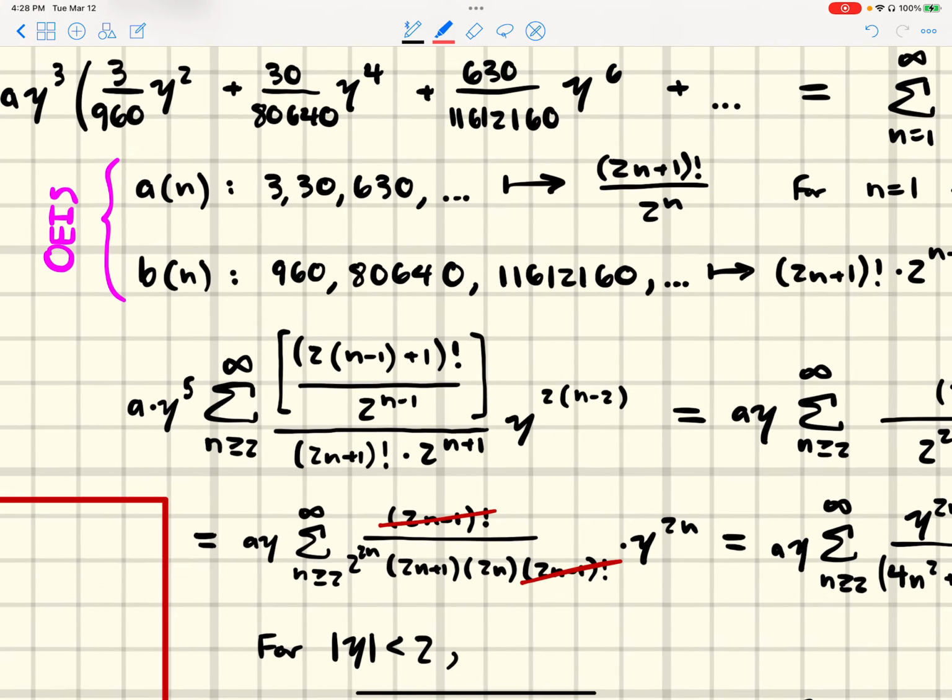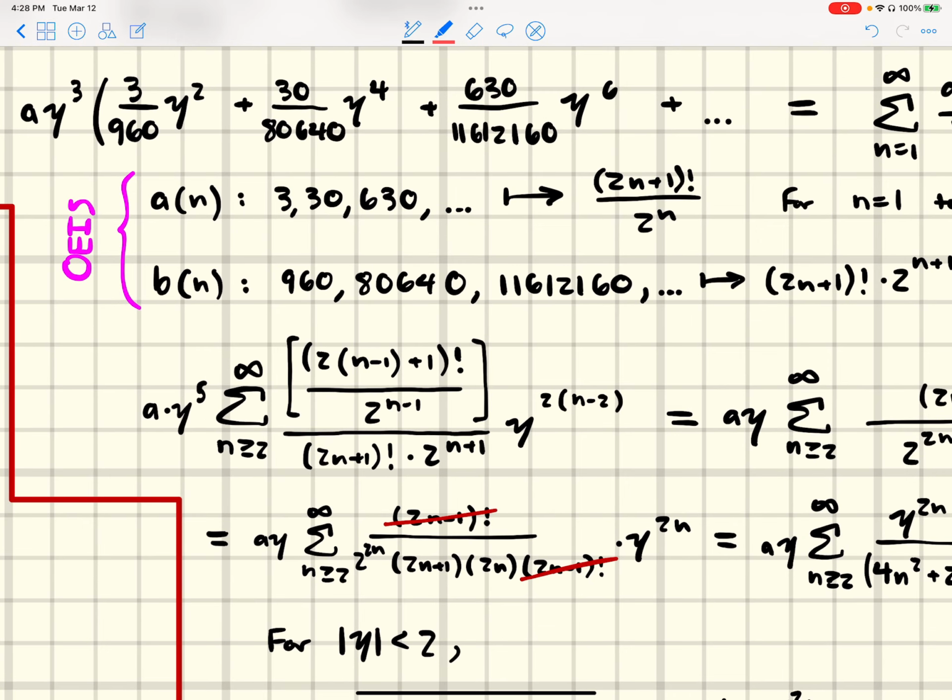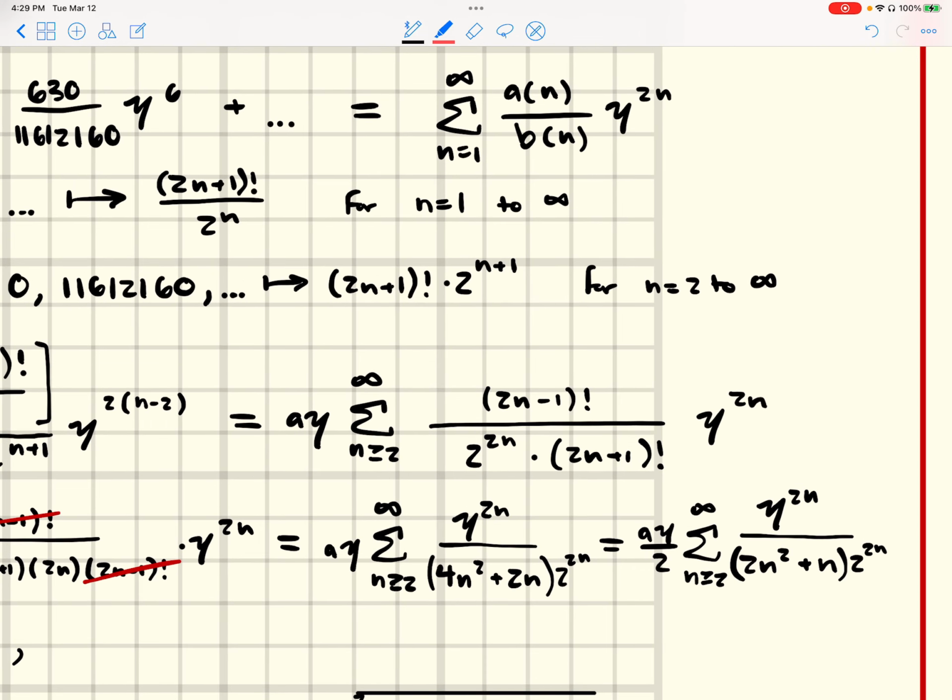I show that this sequence can be written simpler, and there's a lot of cancellation that occurs. You pull out some gamma terms. You're going to get this expression on the right.